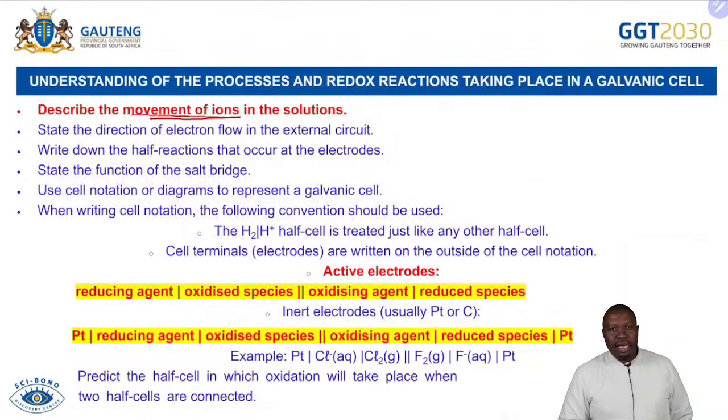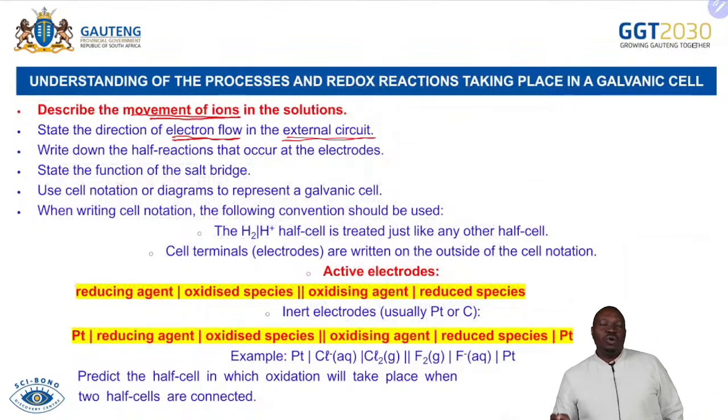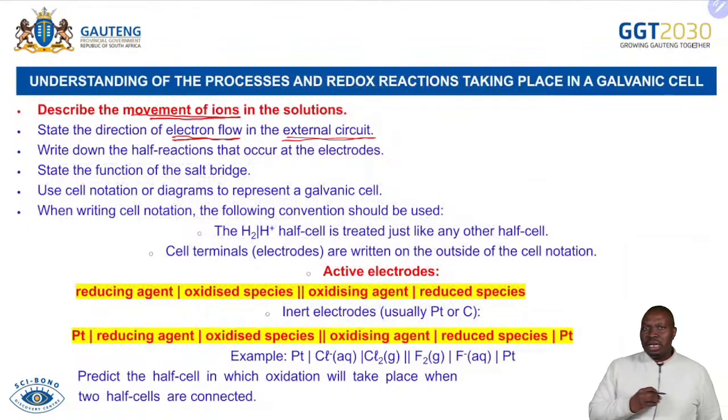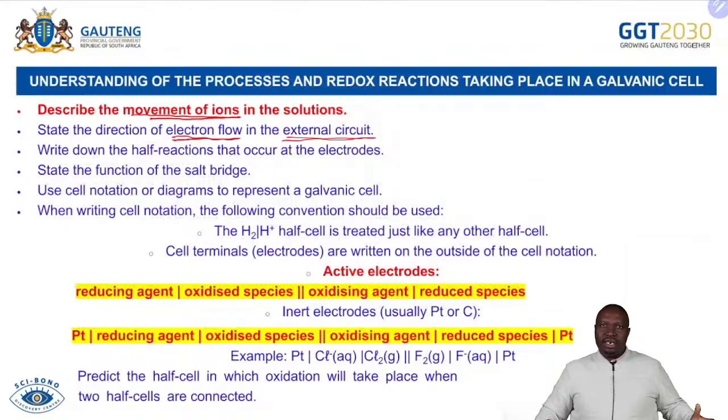And then we're going to talk again about the direction of electrons. Where are the electrons flowing? So we're going to look at what is referred to as the external circuit, and what is referred to as the internal circuit. So you can see we're integrating what you know already in terms of electricity, that we have the internal circuit and the external circuit. So we'll be referring to that as well.